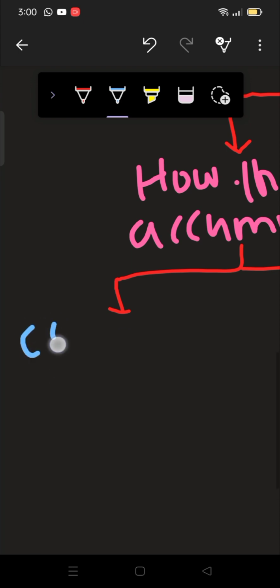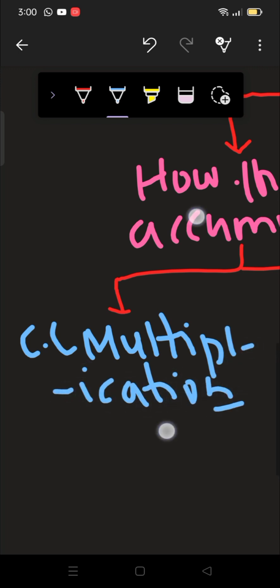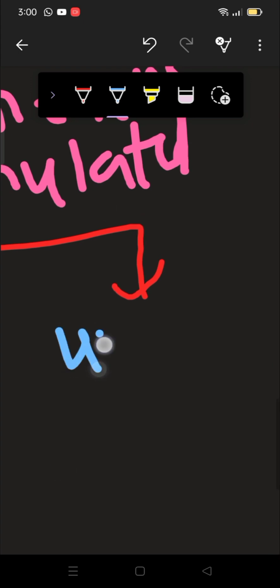This will happen with the help of CC multiplication, which is counter current multiplication, and secondly it is done by the urea cycling.